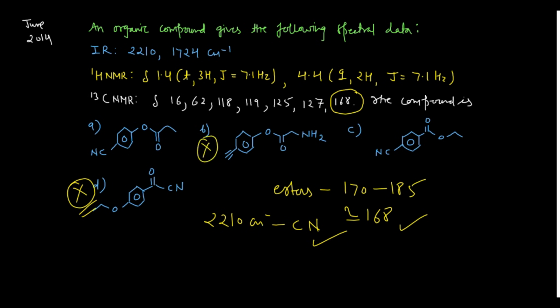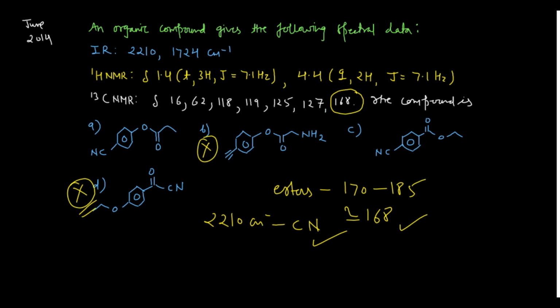Now look at option C. Option C has this cyanide. And furthermore, you can see option C can be discarded. That means you see this carbon triple bond carbon is there, and we are not having this carbon triple bond carbon frequency in the IR spectrum. And moreover, no carbon chemical shift belongs to this carbon triple bond carbon, so you can immediately discard this one.